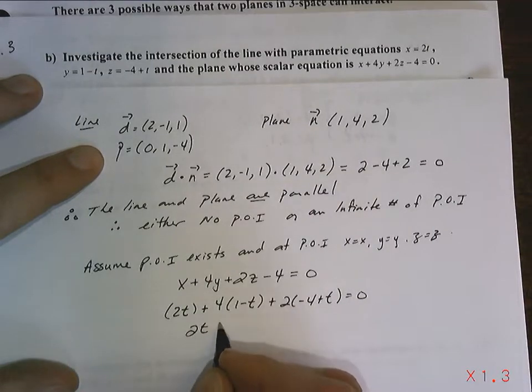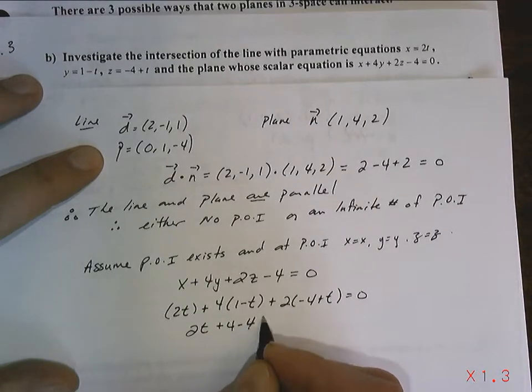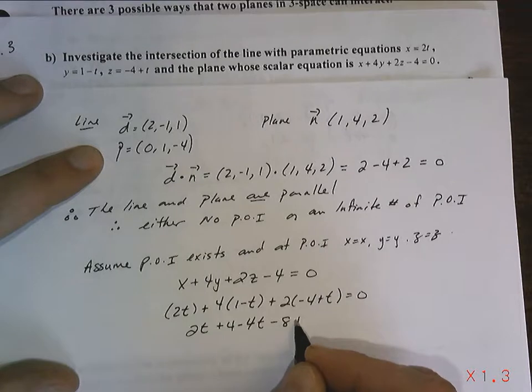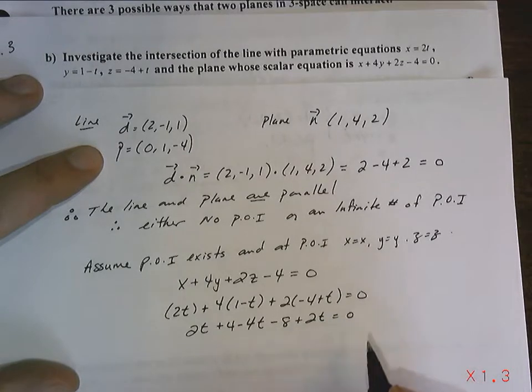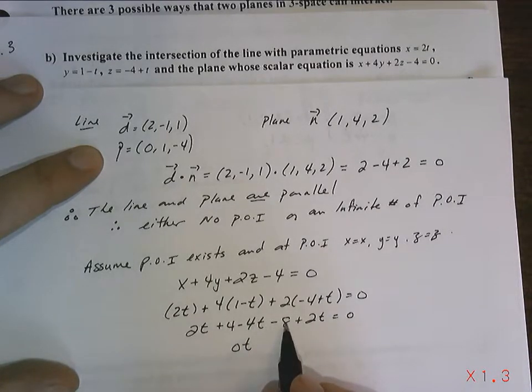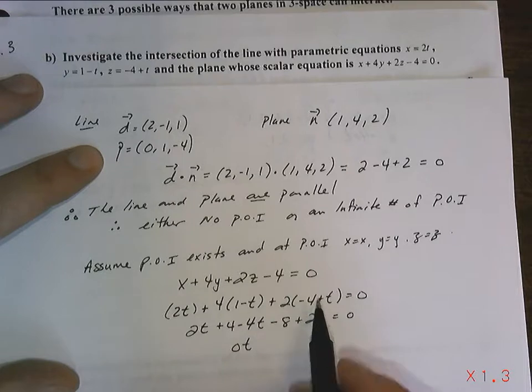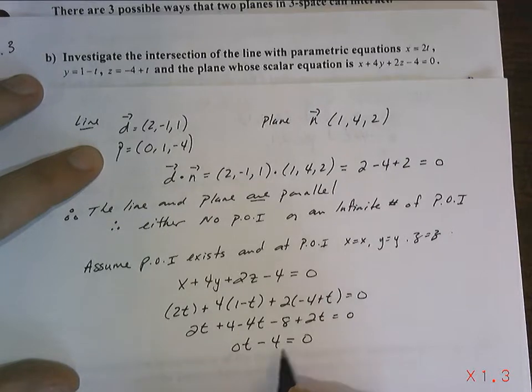So it's 2t plus 4 minus 4t minus 8 plus 2t minus 4 equals 0. 2t plus 2t minus 4t is 0t. 4 minus 8 minus 4 is going to be -8. And so it's 0t equals 8.